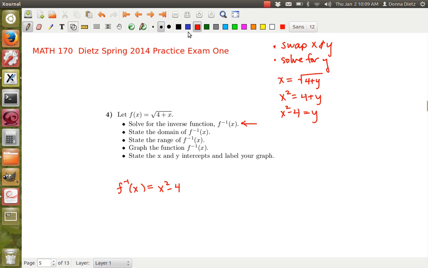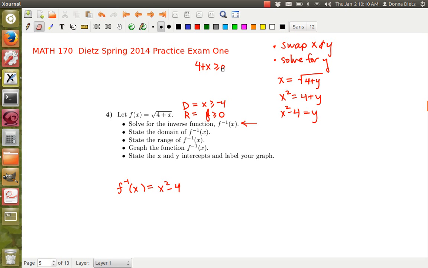So over here, the domain is x has to be, we remember, 4 plus x has to be greater than or equal to 0, so x has to be greater than or equal to minus 4. Okay? And the range is equal to y, or f is greater than or equal to 0.